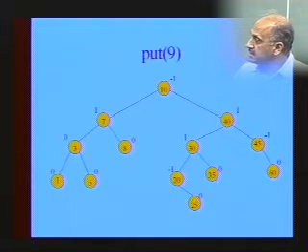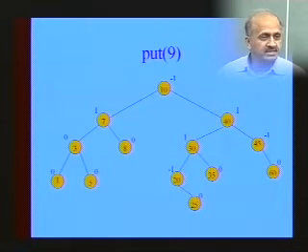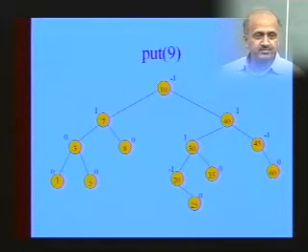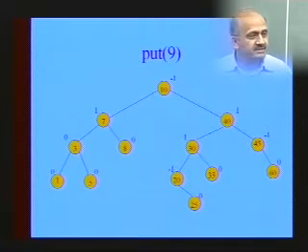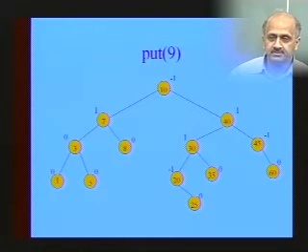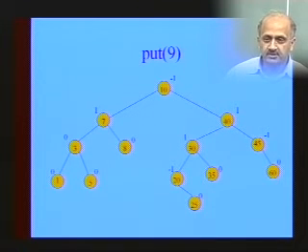Suppose you want to put into your collection a pair whose key value is 9. So we want to insert a 9. We'll proceed to perform the insertion exactly the way we would if we didn't care about balance. Let's just use the algorithm we were using when we talked about binary search trees a couple of lectures ago.